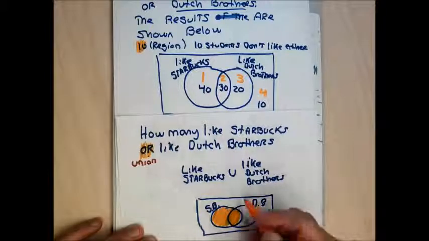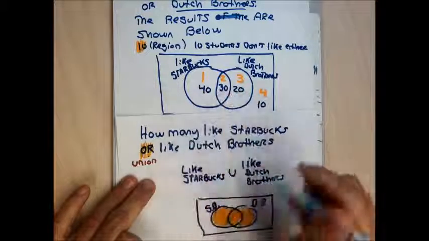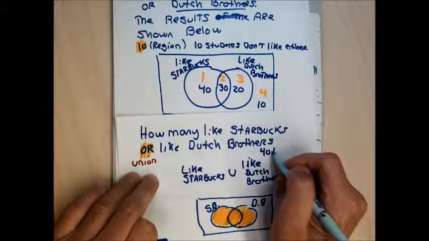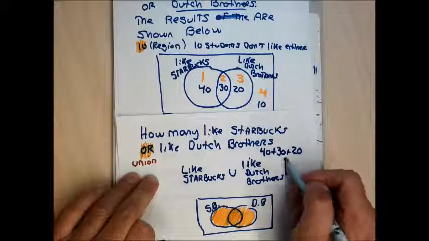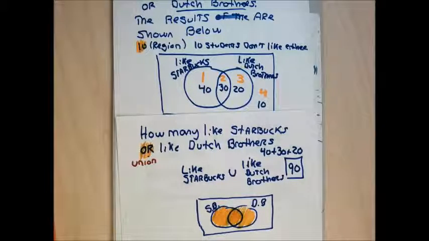For the like Dutch Brothers, I'm going to shade in the like Dutch Brothers. And any student that has been counted in either of these spots is going to be part of the answer to this question. So I need to add up the 40, the 30, and the 20 in regions 1, 2, and 3 to answer this question. And the answer to this question, how many students like Starbucks or Dutch Brothers, is going to be 90 because I think of or like a union.